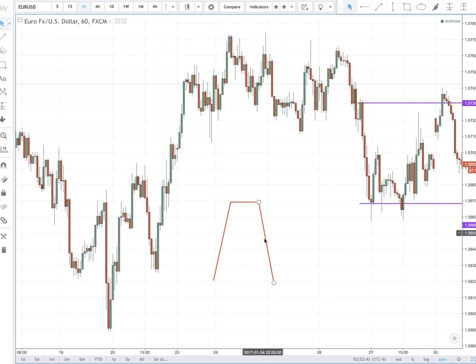Rise, base, drop. Another option of a supply is drop, base, drop. You might already be familiar with these terminologies, but we're going to get to some meaty stuff now. So these are two supply areas.